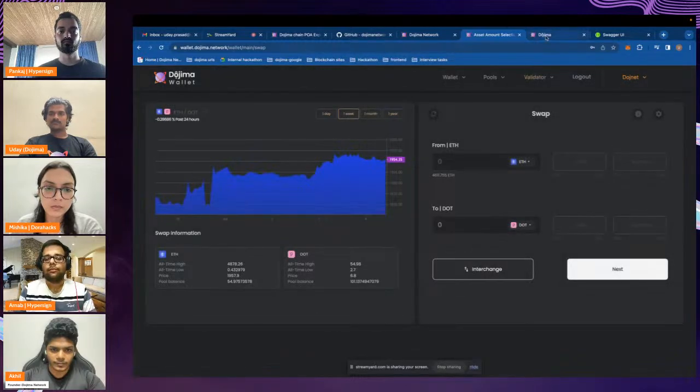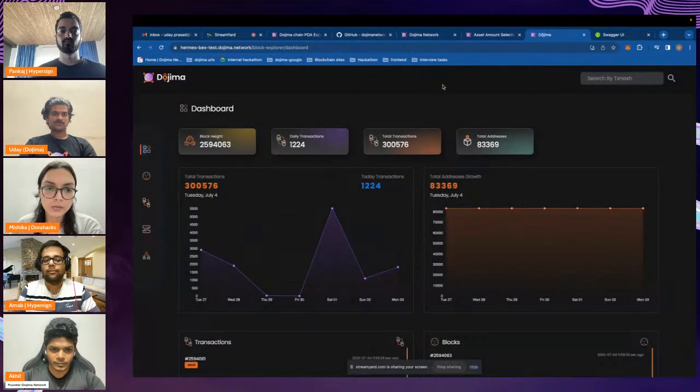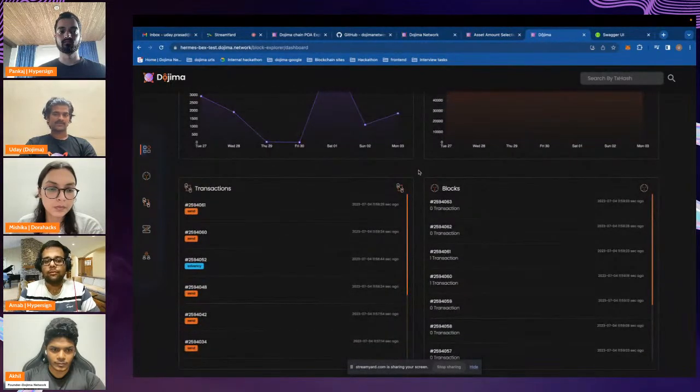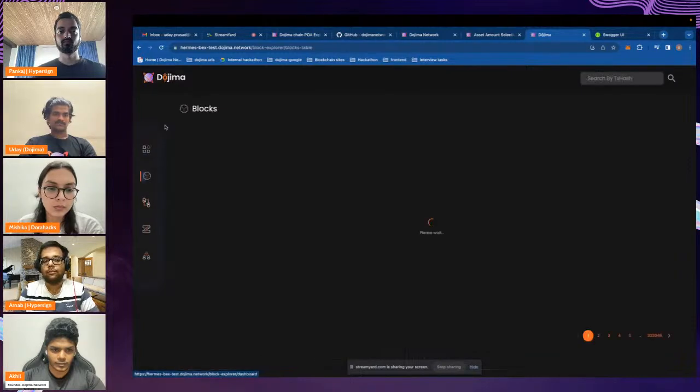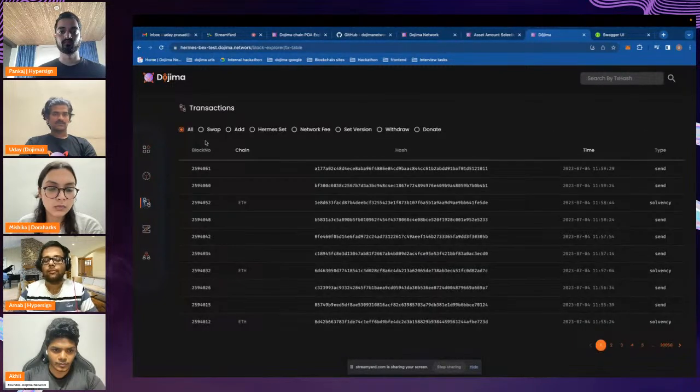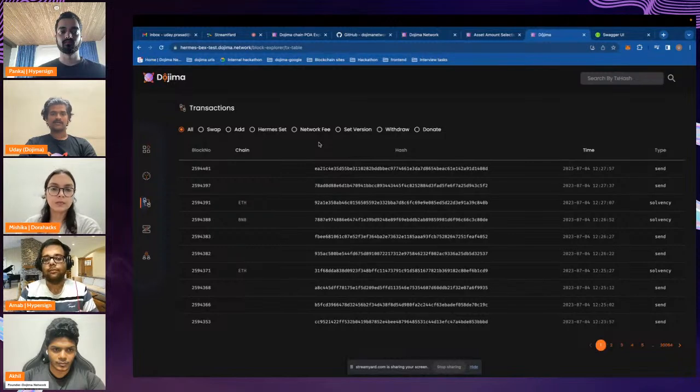And this is the dashboard of our Hermes Explorer, where the user can go through everything about the Hermes chain. Here we provide data on the Hermes chain, and we also display many transaction types where the user can see the transaction details and everything.